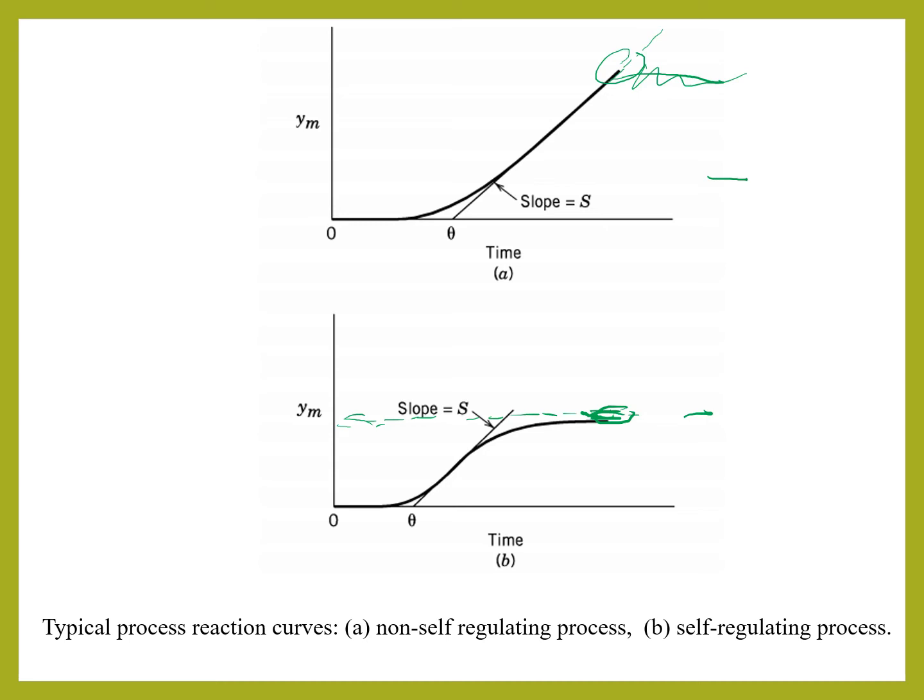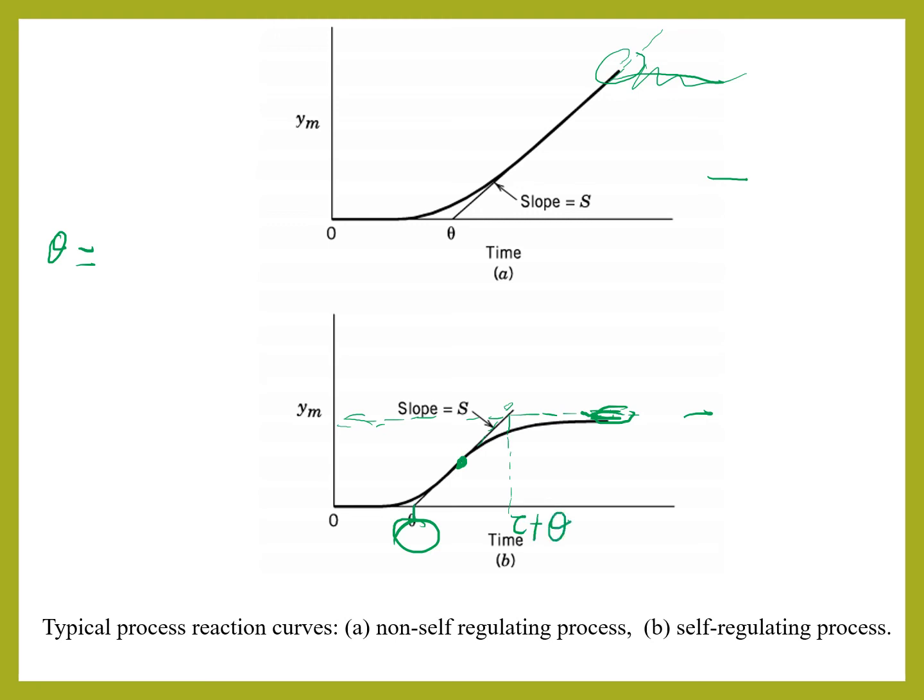So now, what information can you obtain from the process reaction curve? One, you can get the value of the time delay. Let's say for the second figure here, if you draw a tangent line at the inflection point, this is the inflection point, the point here is the value of your time delay, and the point here is the value of tau plus time delay.